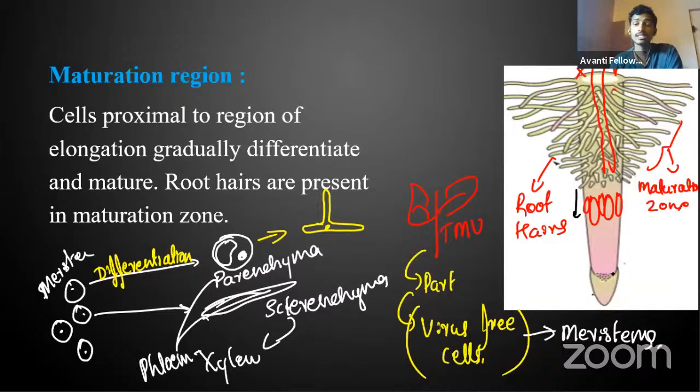That's why you can find virus-free cells from a virus-ridden plant in the meristems, not in the maturation region. So remember, the virus can only reach up to the maturation zone or the elongation zone, because it travels through the xylem and phloem. So this much is related to zones.